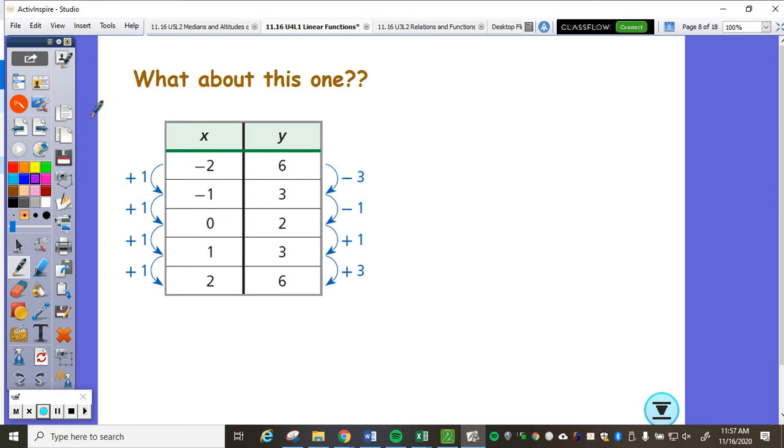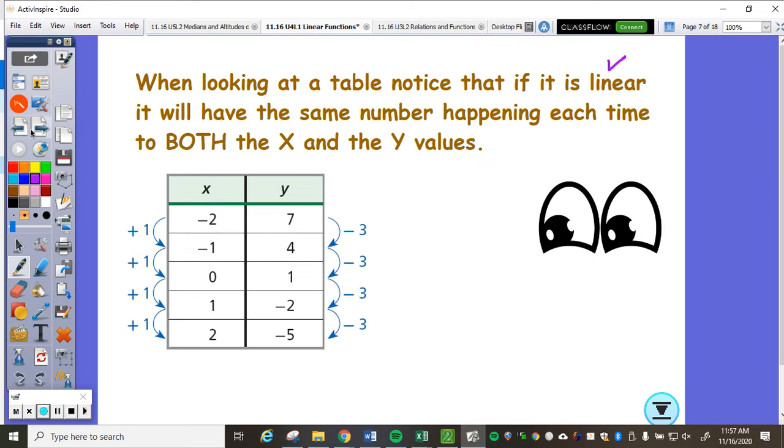Now, as we move into this section right here, I'm not sure if you guys have touched upon slope before, but slope is the change in y over the change in x. So in this case, if I was looking at this table of values, my change in y is -3, my change in x is 1, so my slope is -3. Okay?